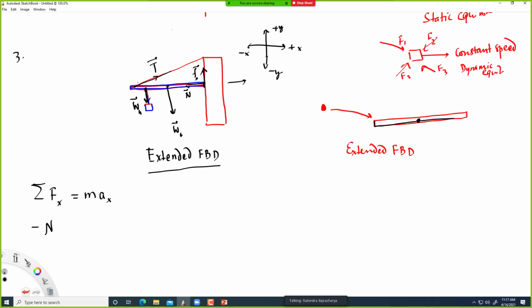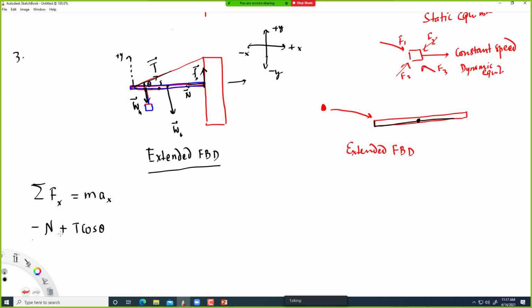Yeah, so this tension is in between the x and y axis. If you consider this to be the y axis, you have this x axis. Let's consider this to be theta. Then it's plus T cosine theta.